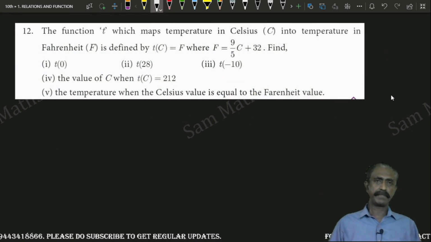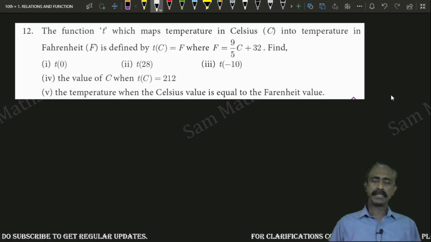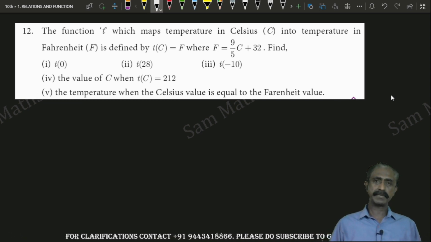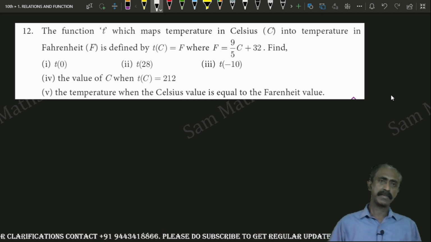12th question, the function T which maps temperature in Celsius C into temperature in Fahrenheit F is defined by T of C equal to F, where F is equal to 9 by 5 C plus 32. Find the required values.